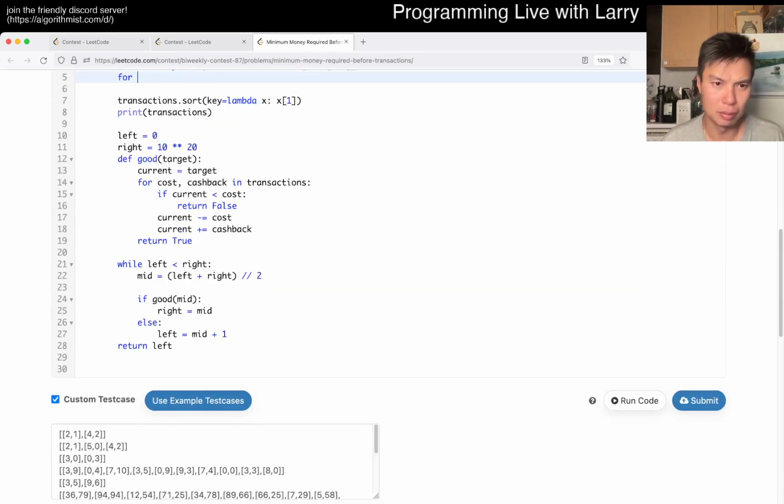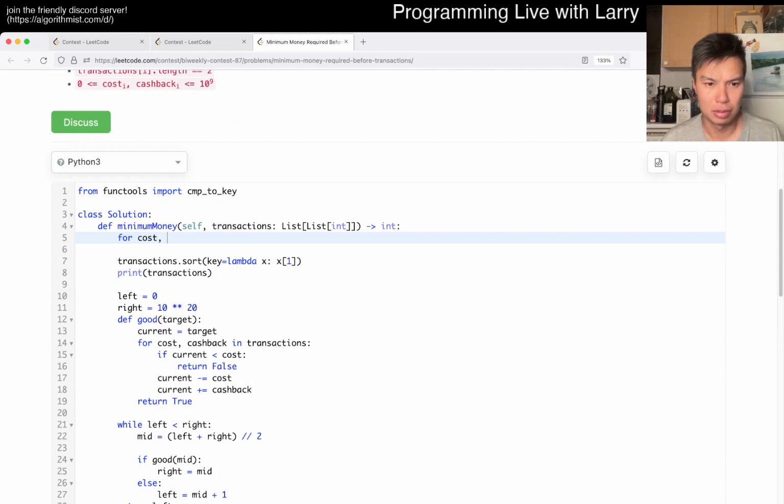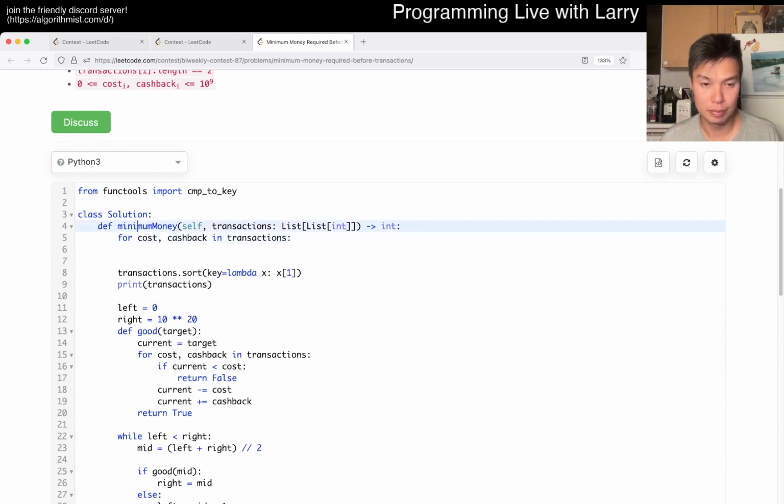I don't know what I'm doing. And if the only one cashback doesn't matter, and you want the biggest cashback, right?